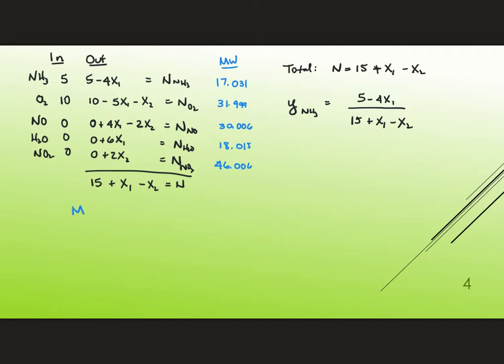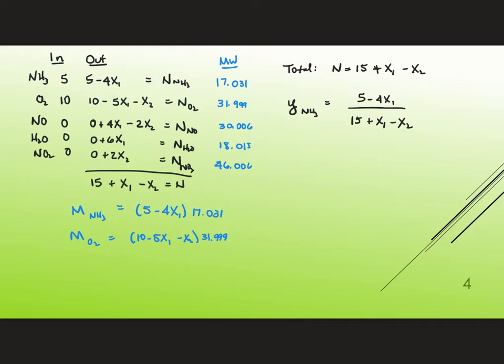I could therefore write the mass of NH3 is going to simply be 5 minus 4x1 times 17.031. The mass of O2 is 10 minus 5x1 minus x2 times 31.999, etc. And I could continue that pattern all the way down.